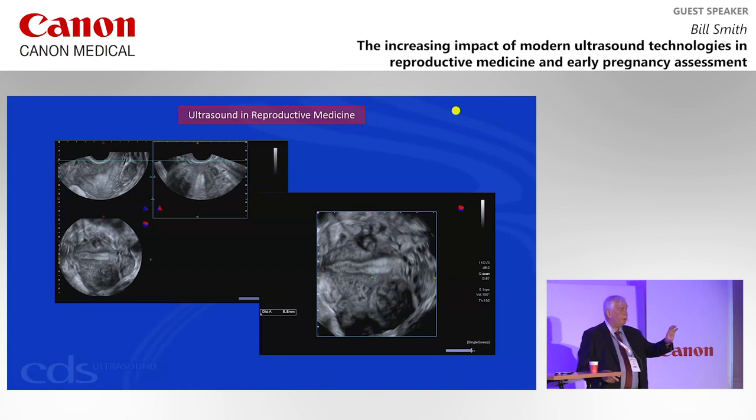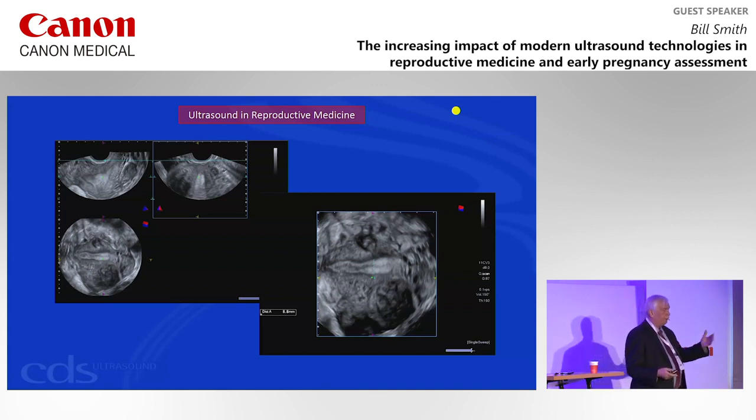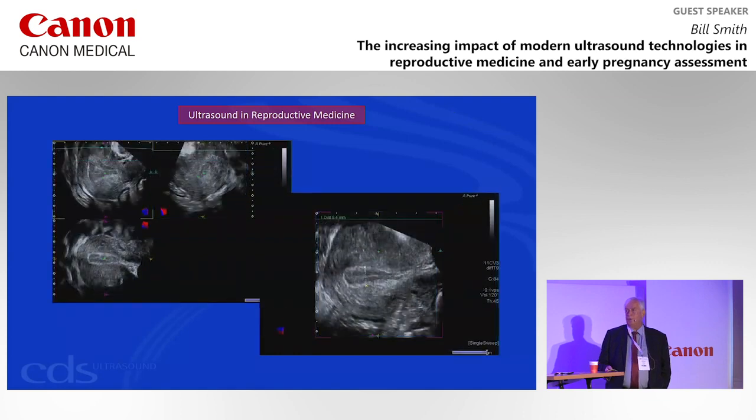The uterus is rotationally displaced. We know that the uterus can be laterally displaced, be retroverted, antiverted, but it can also be rotationally displaced. You can't overcome that problem with routine transvaginal scanning.